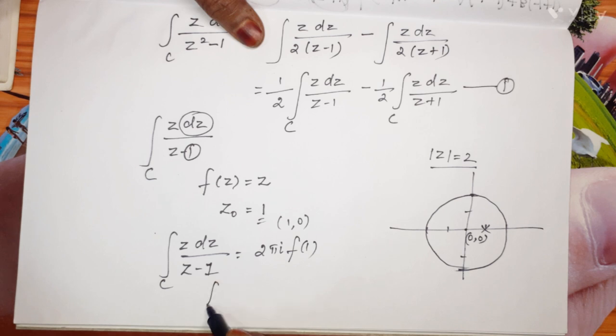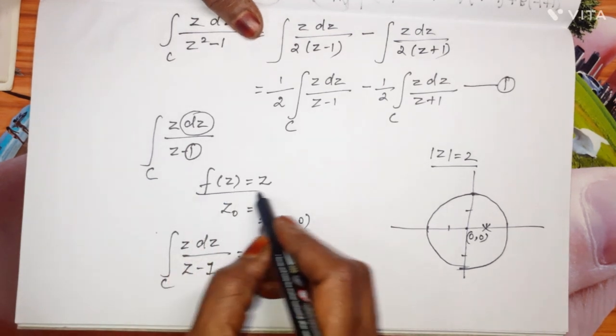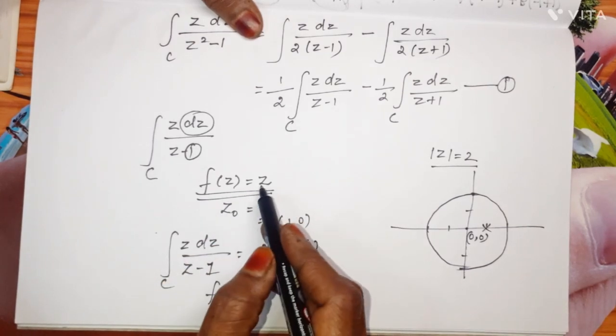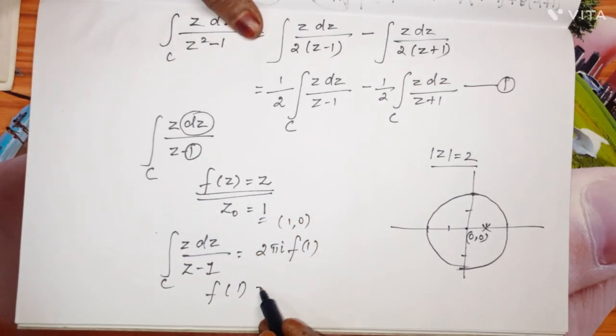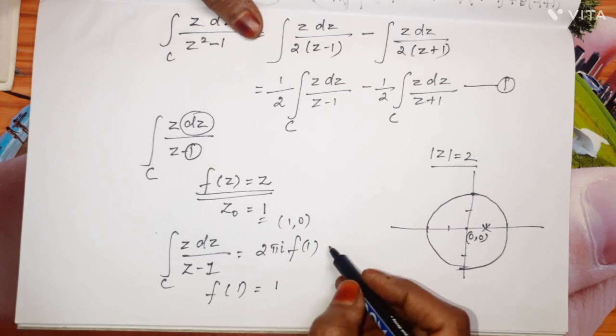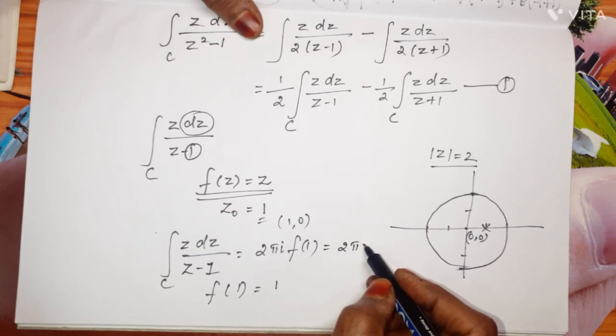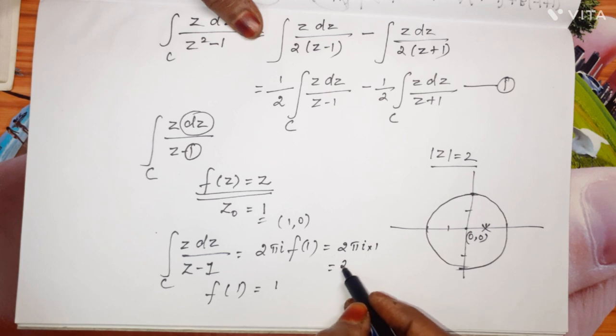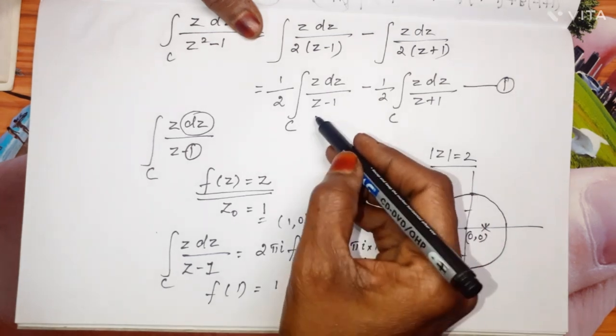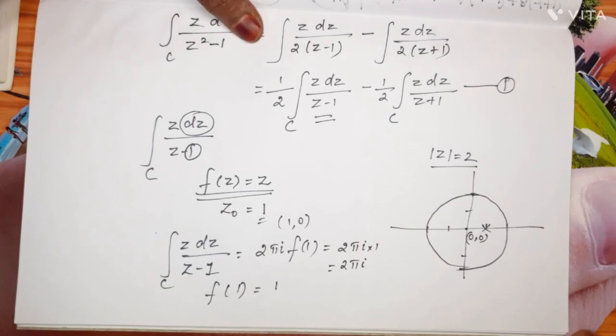Let me calculate this f of 1 separately. f of z is equal to z. Therefore, f of 1 is equal to 1. Therefore, we have 2 pi I into 1, which is 2 pi I. This is the value for the first one.